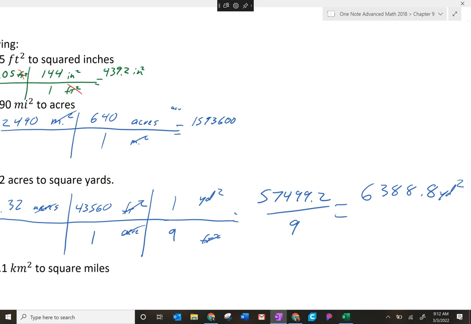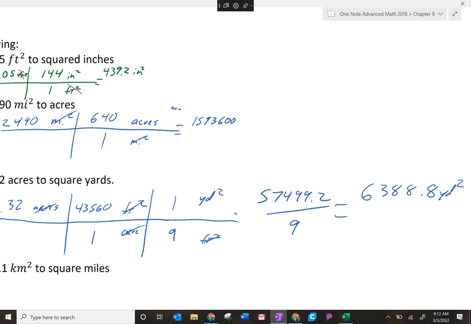Where'd you get the feet number? Okay, so I used the chart in the book, page 530, the one on your left-hand side. I went from acres to feet, because there's nothing that goes straight from acres to yards.